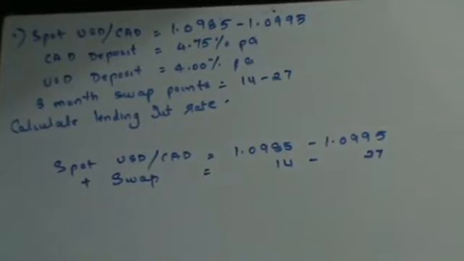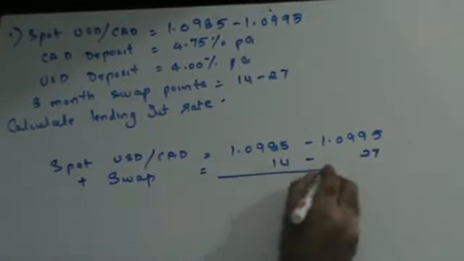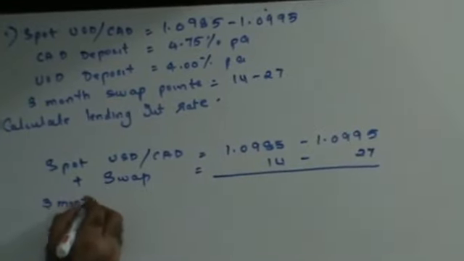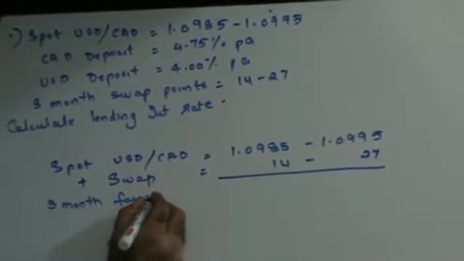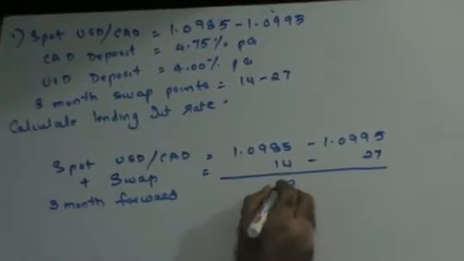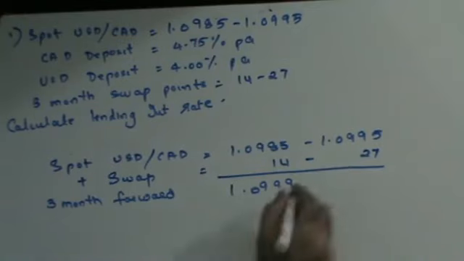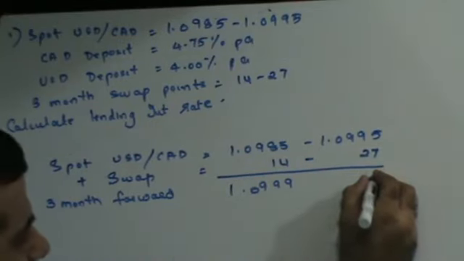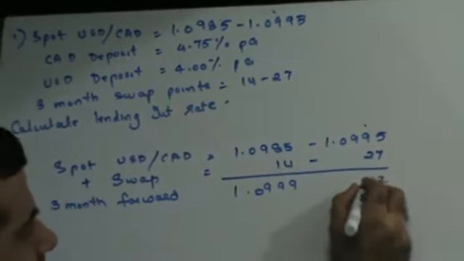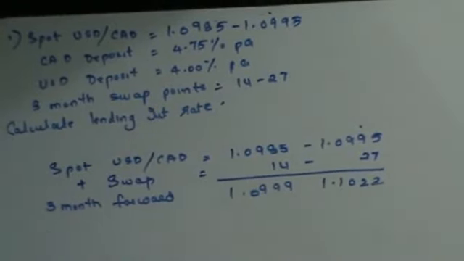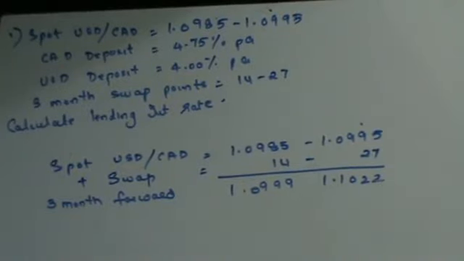Since these are 3 months swap points, the 3 months forward rate is going to be 1.0999, 1.1022. Right? So now I know my 3 months forward rate.